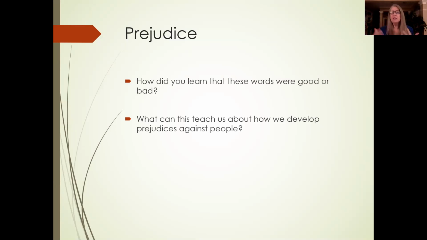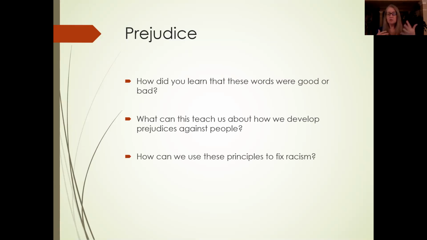So you can see how this could work through classical conditioning. Now, how can we use classical conditioning to do the opposite? Think about how easy this would be. If in Netflix, it was almost as common to see homosexual people have higher status sometimes and lower status positions sometimes.